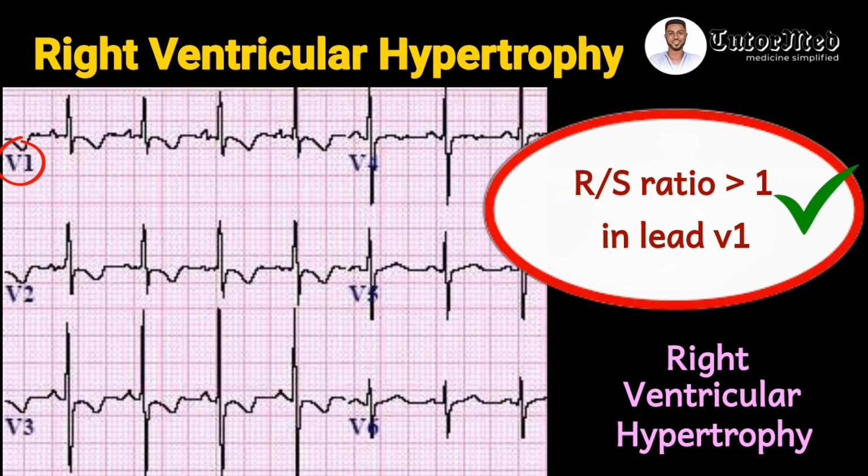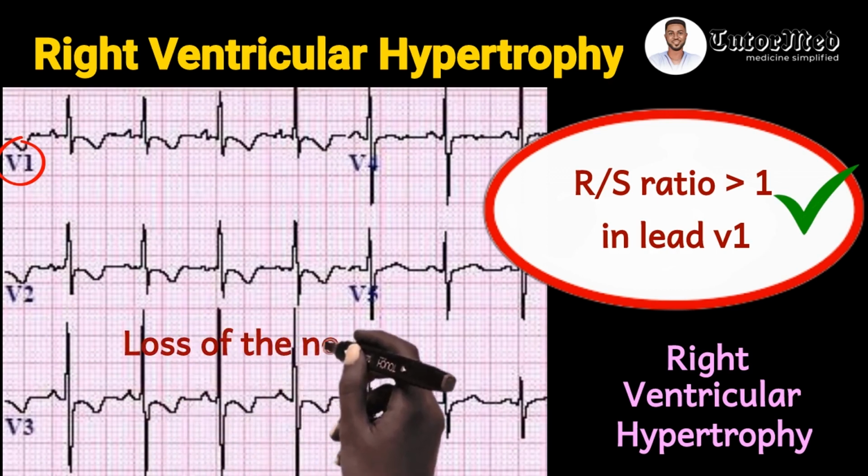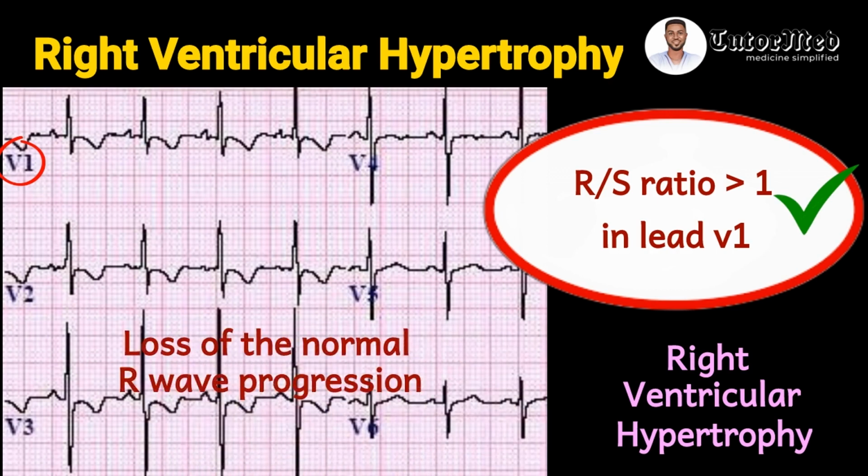But you can see that the R wave progression in this ECG reading is lost, in that the R wave in V1 and V2 are almost the same, so there is no progression. And look at the R wave in V3 and V4. The R wave in V3 even is higher than in V4, and so there is loss of normal R wave progression in the precordial leads, and that also speaks for right ventricular hypertrophy.